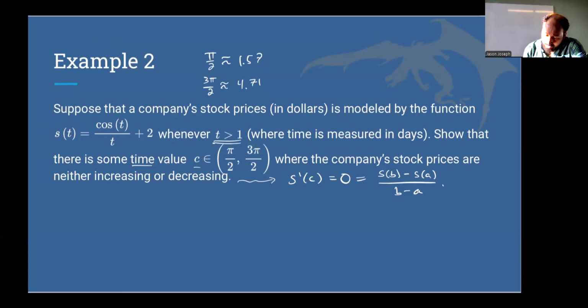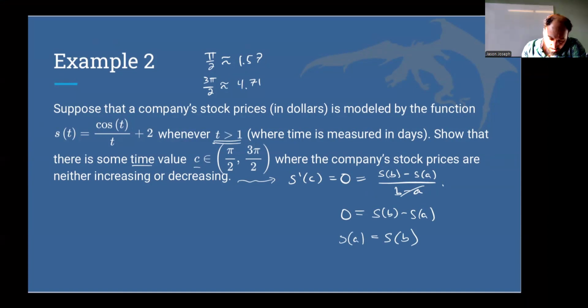So if 0 is equal to this average rate of change here, we could multiply both sides by b minus a and get that 0 equals s of b minus s of a, and then add s of a over to say that the y values at these two endpoints should be the same. And that makes sense because then the line between them is horizontal, so its average rate of change is 0.